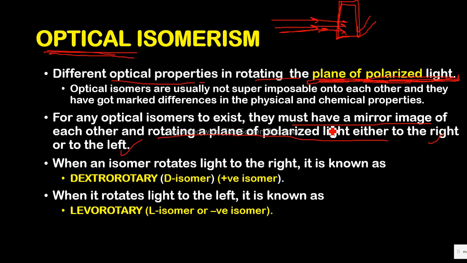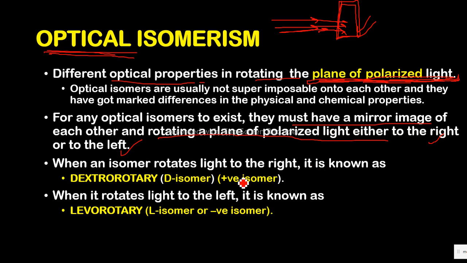You are not a geometric isomer, but the difference is just the rotation of this plane polarized light. Because of that, we have two isomers, and these isomers are usually mirror images of the other.